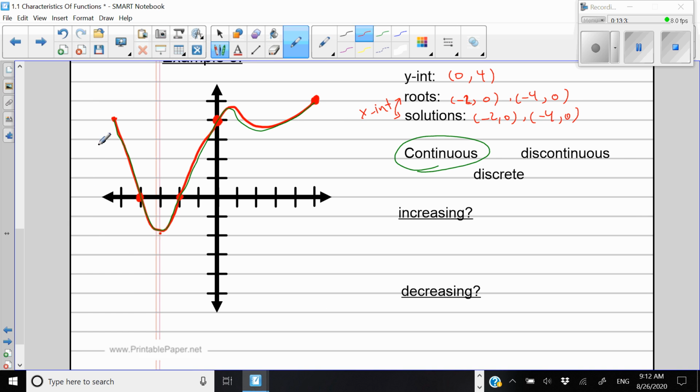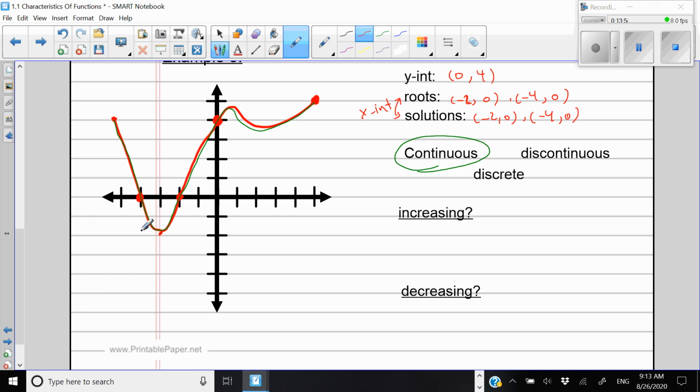As I start from the left side, what is my function doing here? Of course, it's decreasing. It's going down, starting from this point until it reaches here, and suddenly at this point it's going to go up. So first of all, I have a decreasing area here, so on this interval I'm going to say my function is decreasing.